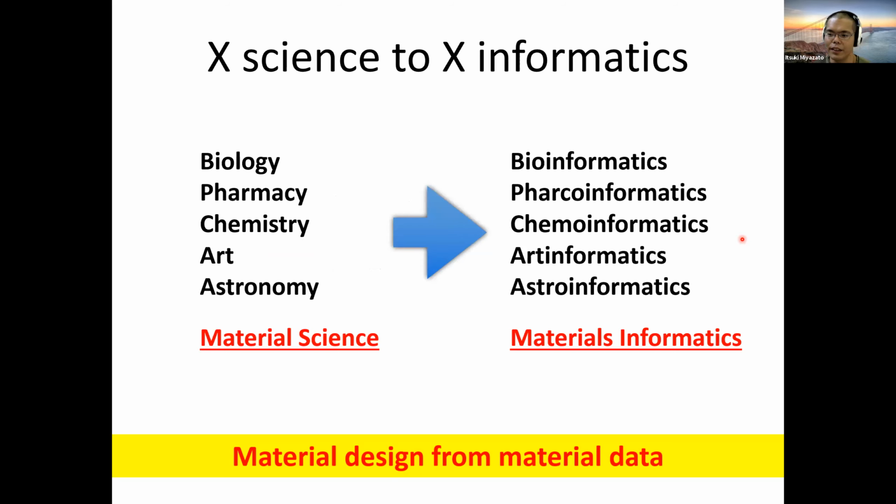In various fields, science and informatics have been combined recently. For example, biology has bioinformatics, pharmacoinformatics, and so on. And for material science, it is materials informatics, which is the field to design materials from material data via data science techniques.